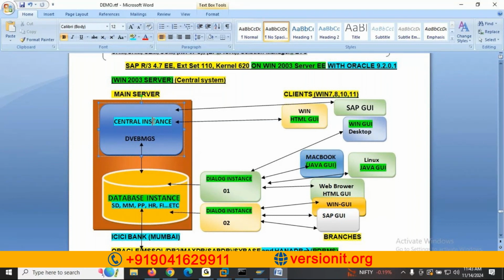So you might be wondering, sir, we have never installed an operating system in our life, and you're talking about installing an SAP system. Yes, guys, we are going to make it so easy. The only work you are supposed to do is, whatever work we are teaching you on that day, you have to make sure that work is completed by you as practical, one time, two times, three times, four times, 10 times.